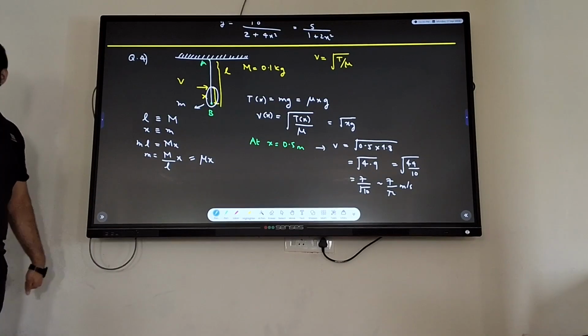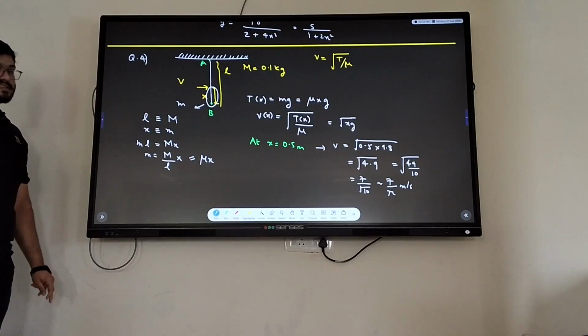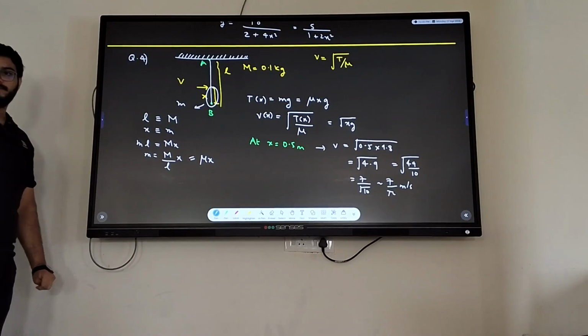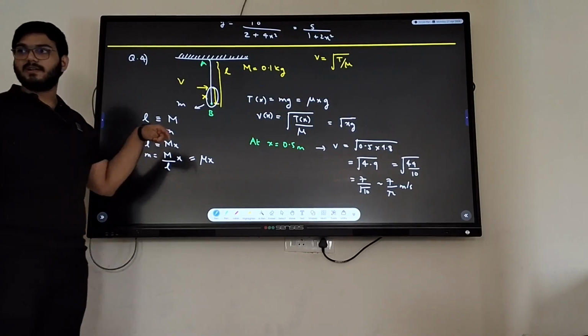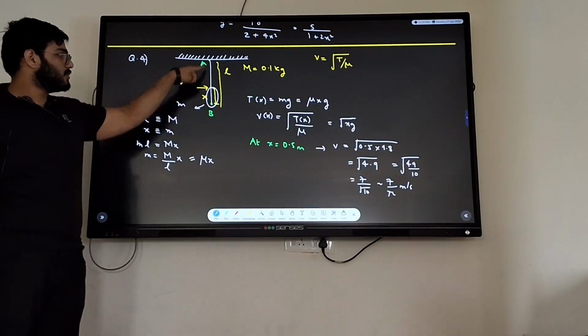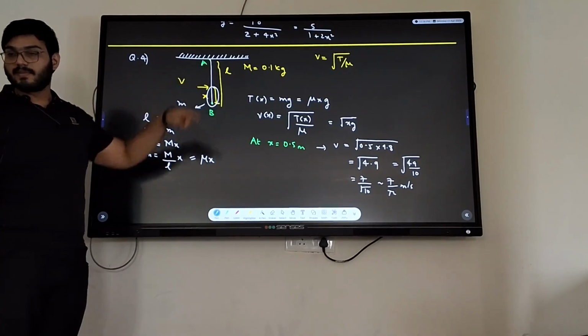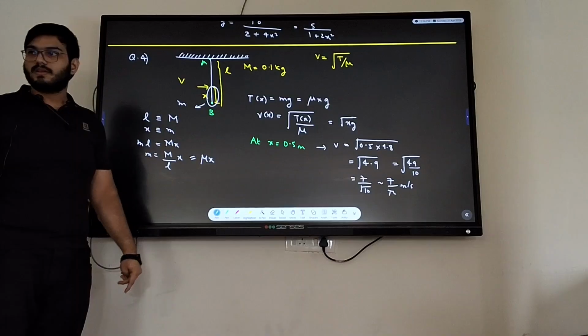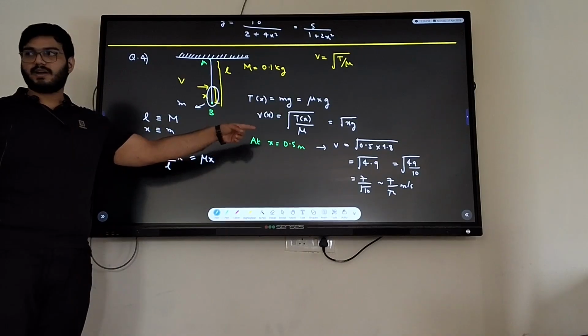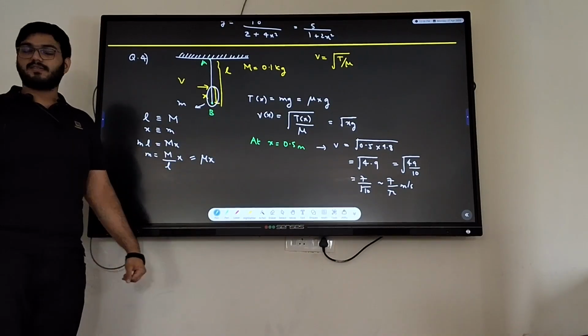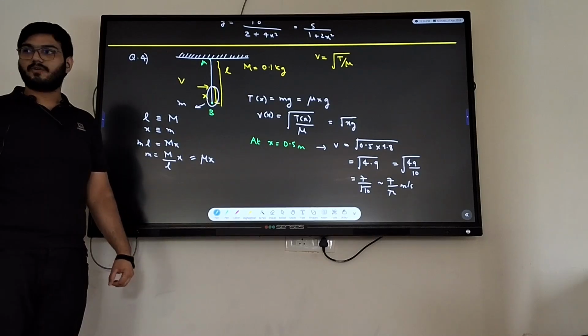Okay. Now in the second part, what are they asking? Find the time taken for the wave to go from point B to point A. Then how to find the time? Your velocity is a variable. Look at it very carefully. It's variable. So if you have a variable quantity, how do you find the time?